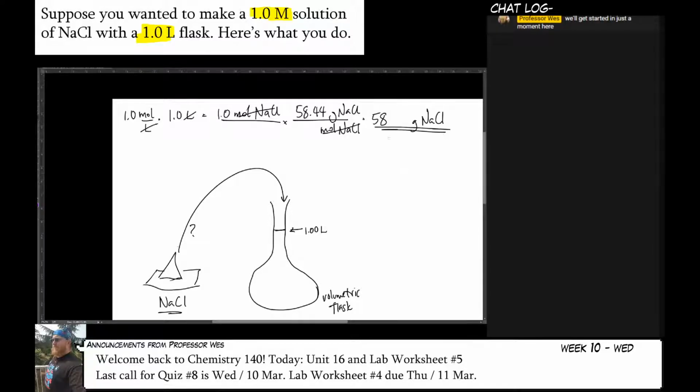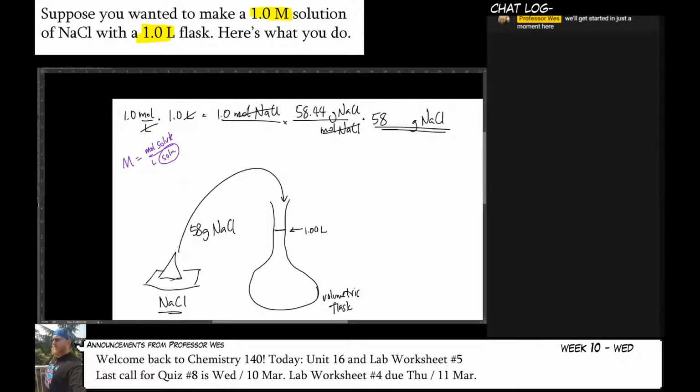So now that I know the amount of solid to put in here, that would be the amount required for a 1 molar solution, or 1.0 molar solution. But we have to be considerate of the definition. Remember that the definition of molarity is moles of solute over liters of solution.